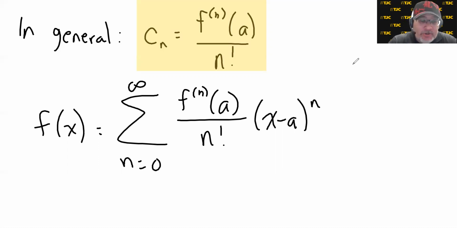So why is that important? Because polynomials are easy to do math with. They're easy to differentiate and integrate. They're easy to evaluate, especially from a computer perspective, whereas other functions, not so much.